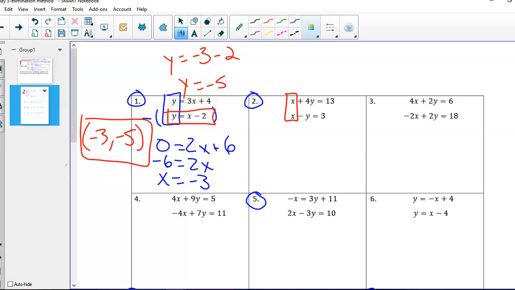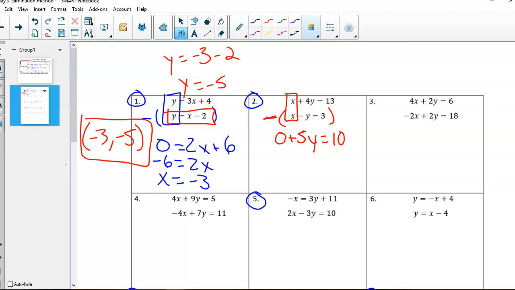I can subtract this second equation, but I'm subtracting the entire equation. X minus x is 0. 4y minus negative y is positive 5y. 13 minus 3 is then 10.